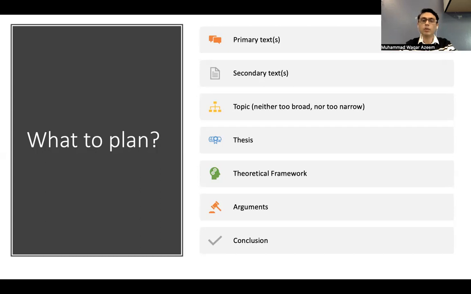So that theory could be about linguistic marginalization. That theory could be about the relationship between race and language. Or the theory could be about the relationship between marginalization and language, right?